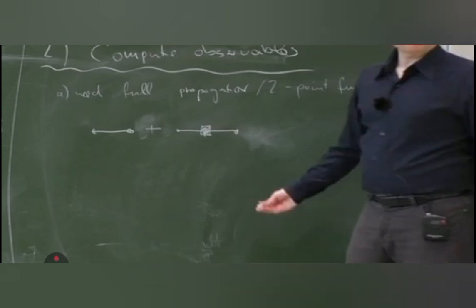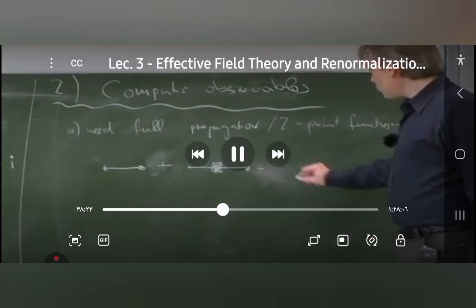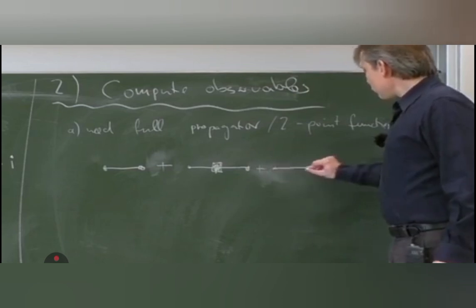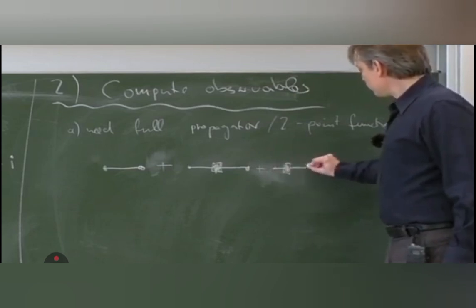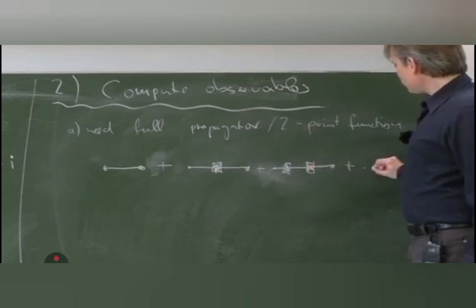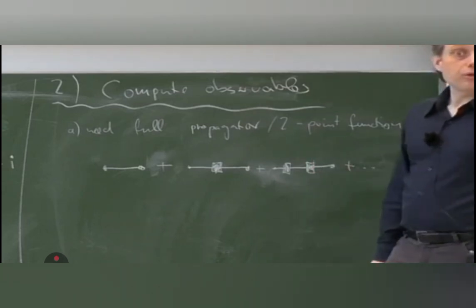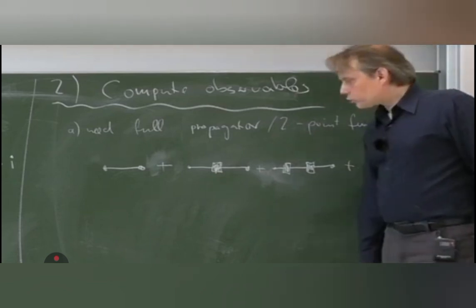Okay, and we simply need to add the Feynman diagrams. There is a third diagram that looks like that. And so on. The number of Feynman diagrams which contribute is infinite. Infinitely many tree-level diagrams.